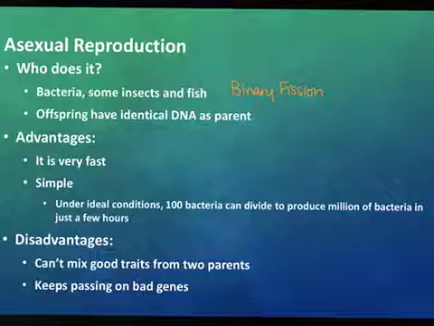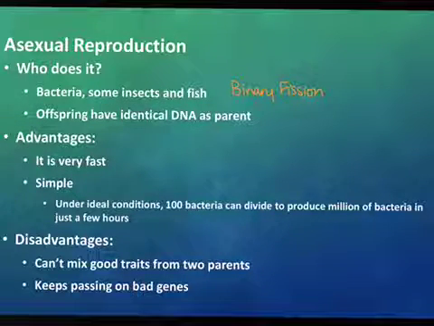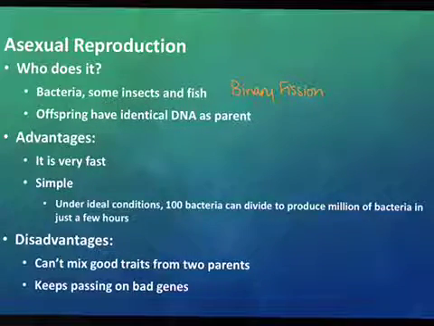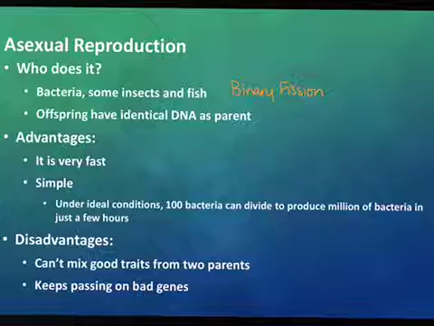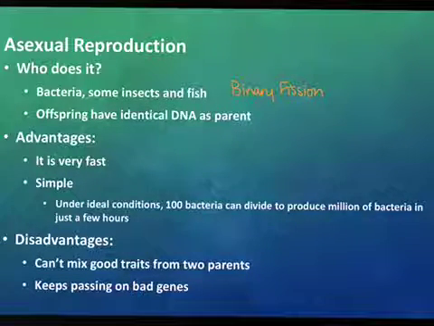And I believe we've also talked about how the advantage of this is that it's very fast, and it's also a relatively simple process. If a species has ideal conditions, the right amount of nutrients, the right amount of space, 100 bacteria can divide to produce 1,000,000 bacteria in just a few hours.